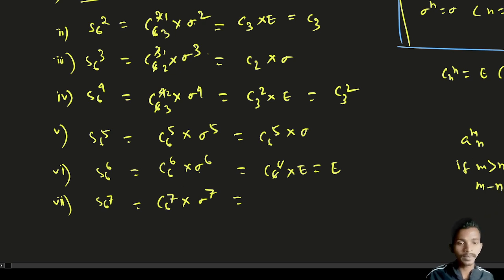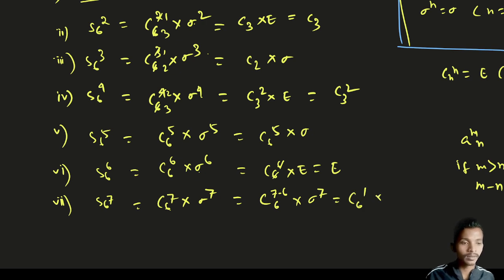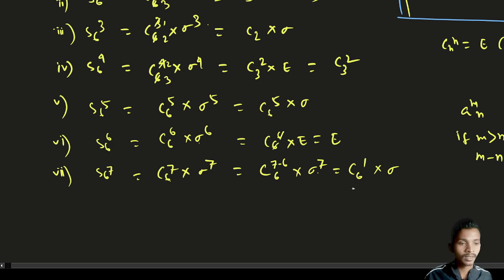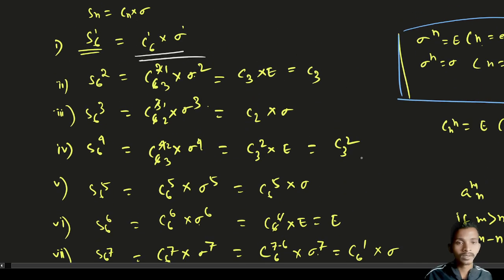So here m is 7, that is greater than 6, so I will write C6 7 minus 6 into sigma 7, that is going to give C6 1 into sigma, since this is odd. But we see that this value and this value are the same, so we will not repeat the same values.